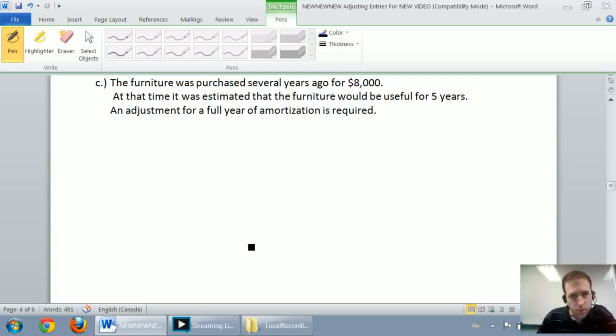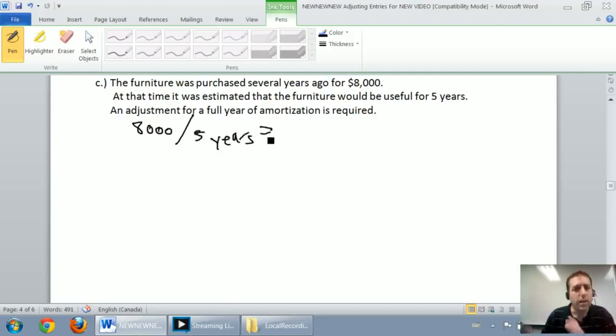C says, the furniture was purchased several years ago for $8,000. At that time, it was estimated that the furniture would be useful for 5 years. An adjustment for a full year of amortization is required. So we have $8,000 worth of furniture that's going to last me 5 years.